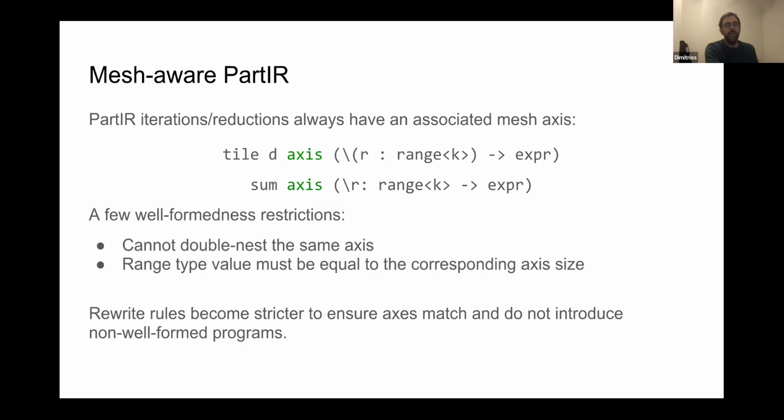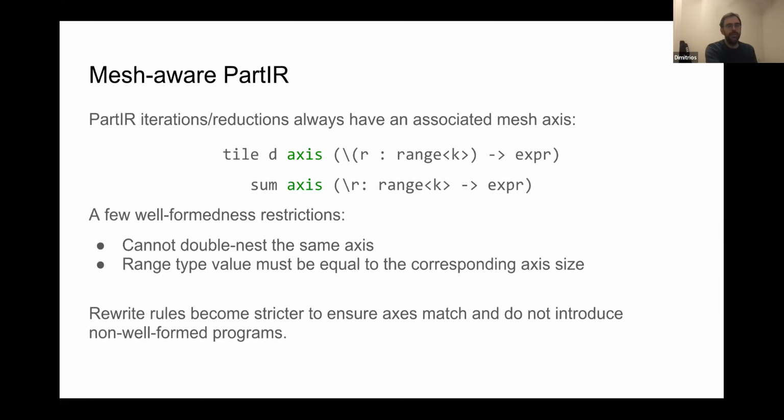You say tile on a dimension D, but please use this axis, or sum, but please use this specific axis. There are a few well-formedness constraints for this. We cannot double nest the same axis. So you cannot say tile of axis batch and then tile again of axis batch. And the range type value, this K that you see there, must be equal to the corresponding axis size.